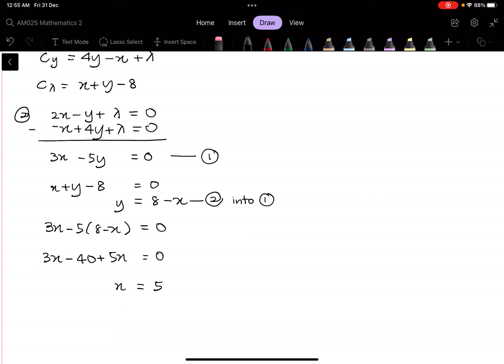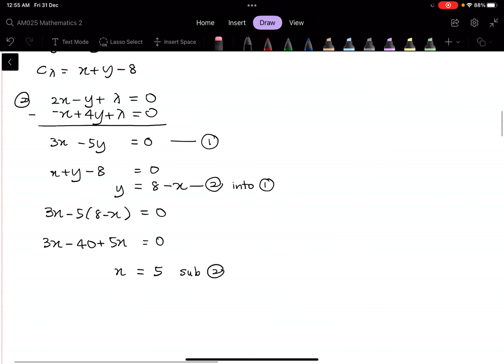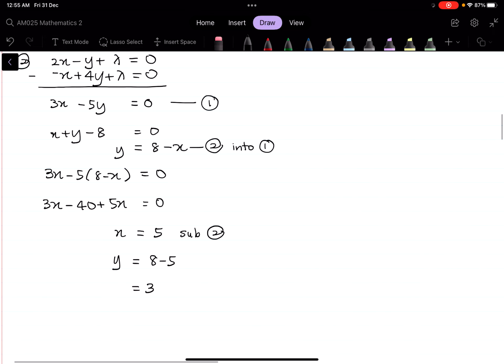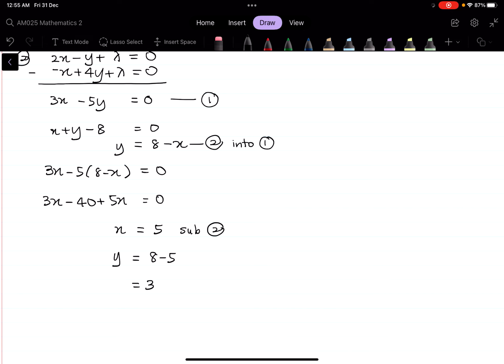Next, I'm going to substitute x equals 5 into the second equation to find the value of y. So y equals 8 minus 5, which is of course 3. And don't forget to find the value for lambda. We have another equation, negative x plus 4y plus lambda equals 0, so we can find the value of lambda there.